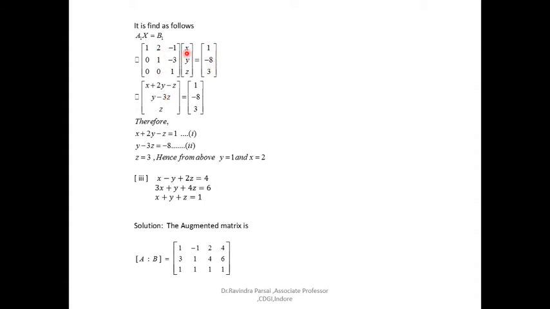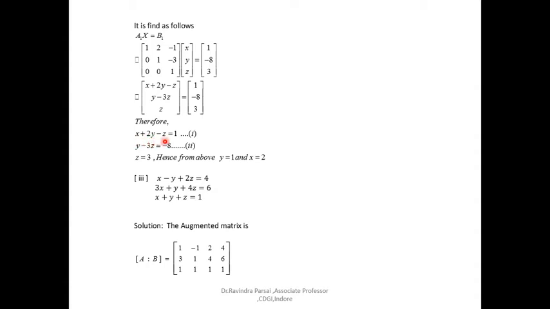So now you are multiplying this matrix by this matrix. Multiplication exists, so multiply the first row by each column of the second matrix, and you will get x plus 2y minus z. Then the second row gives y minus 3z, and the last is z. Now we know that two matrices are equal if and only if the order is the same and the corresponding elements are the same, so we equate them.